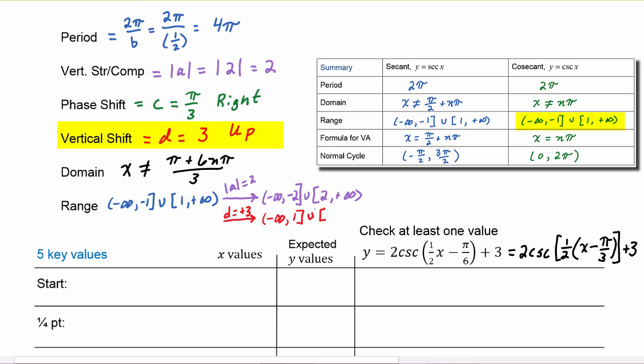Union, instead of 2, we have to add 3, so we'll get 5 to plus infinity. So there's our new range that we're going to expect to see on the graph.